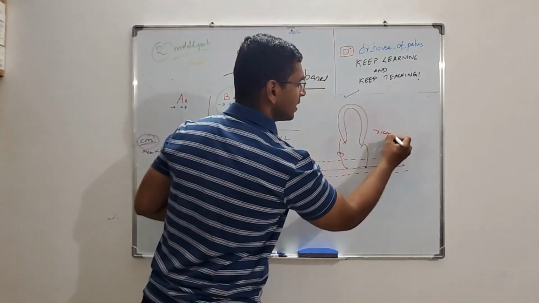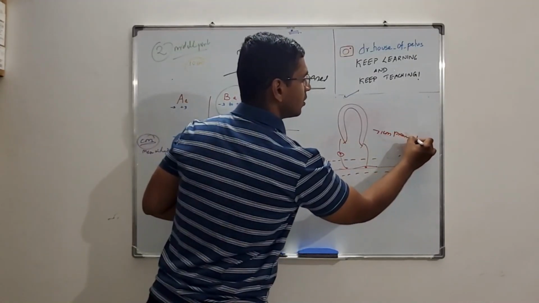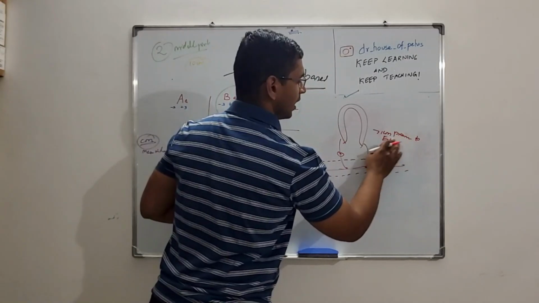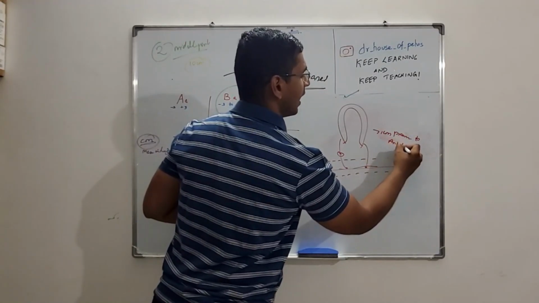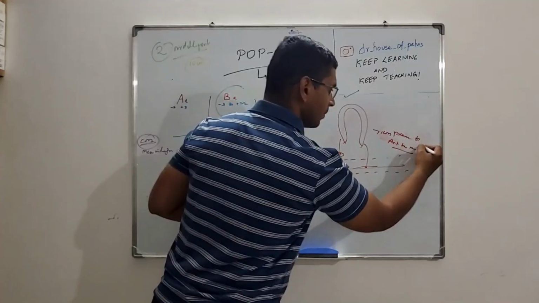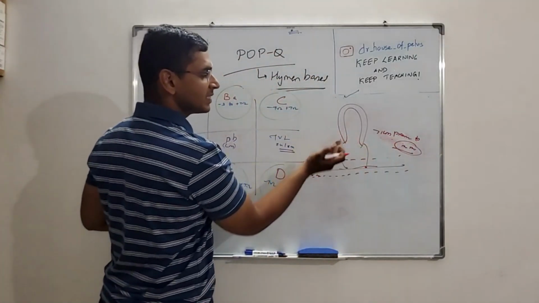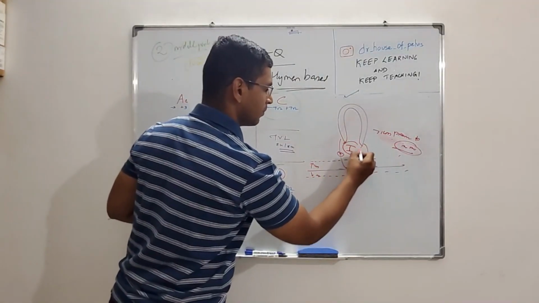We can tell anterior hymenal ring or hymenal ring per se, right? If it is more than 1 centimeter proximal, this will be stage 1 prolapse.